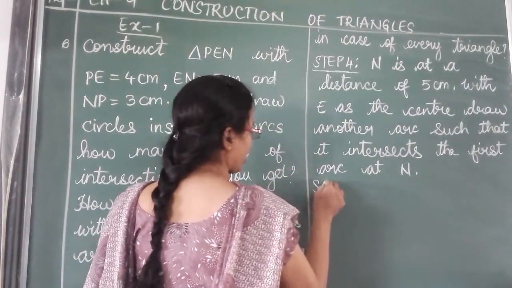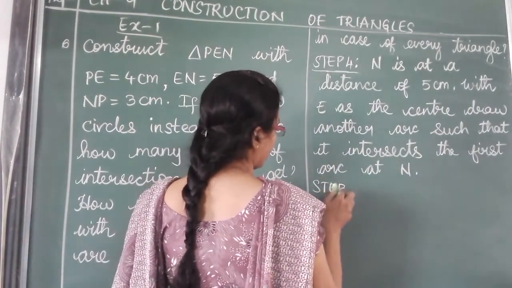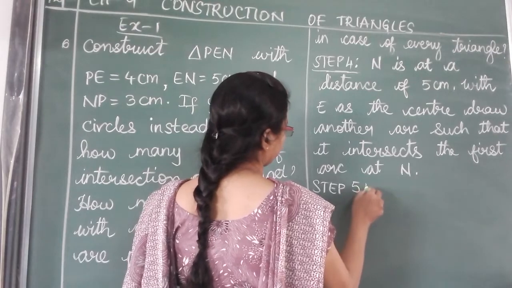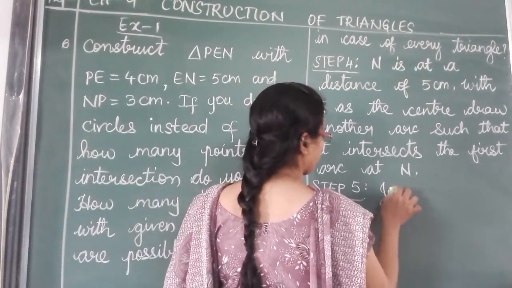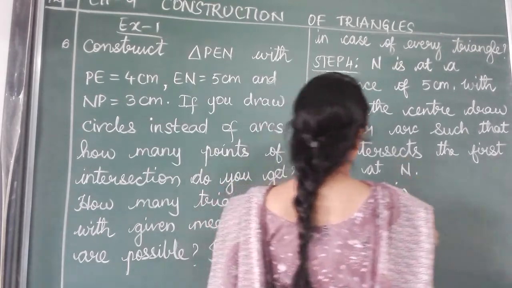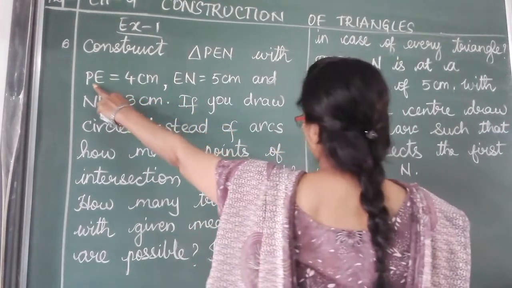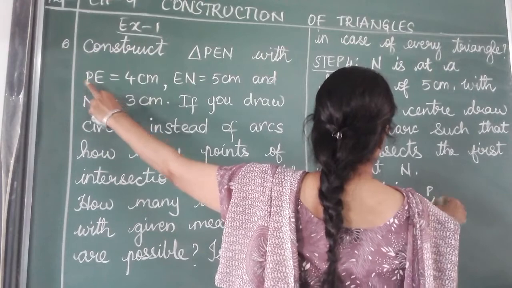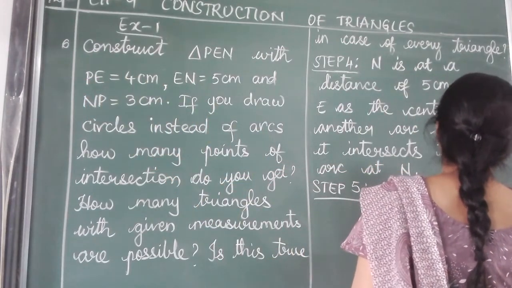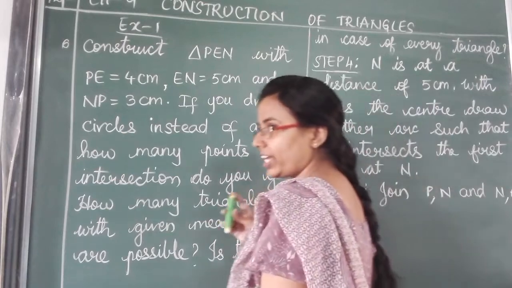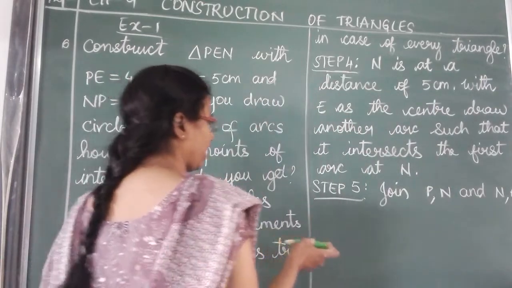Now let's write the last step, which is step 5. Step 5 is join. Initially we have taken P, so PN and NE. If we join, what do we get? We get the required triangle.